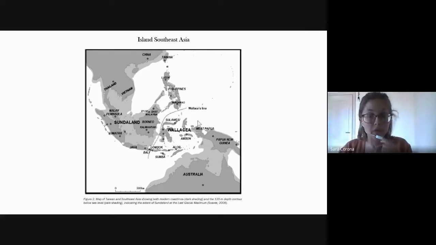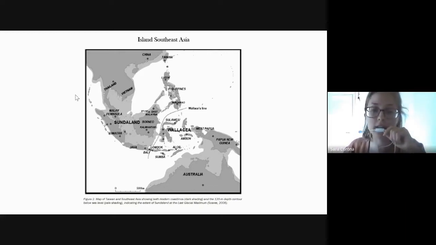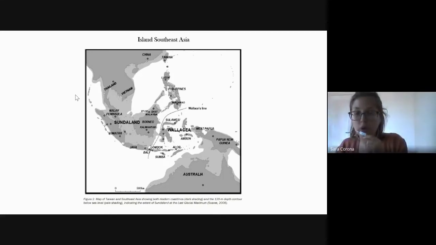During the period of lower sea level, as the one which we can see on this map, which actually shows both modern coastlines, in dark shading, and also the contour of the sea levels, in pale shading, at more or less the last glacial maximum, 20,000 years ago, the sea level changes resulted in a very different geography. There's a lot of consensus that the last glacial maximum was also the lowest moment of the sea level.